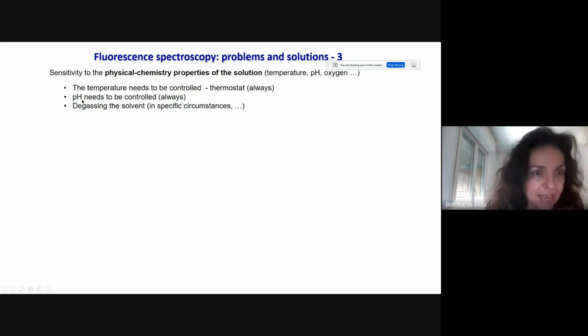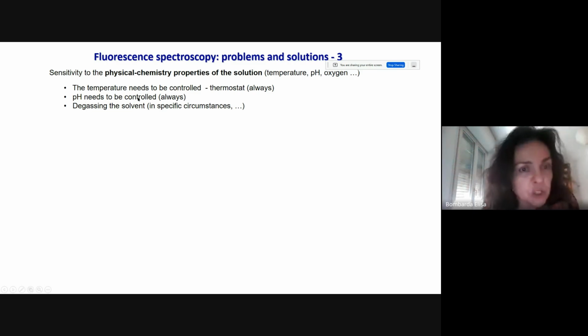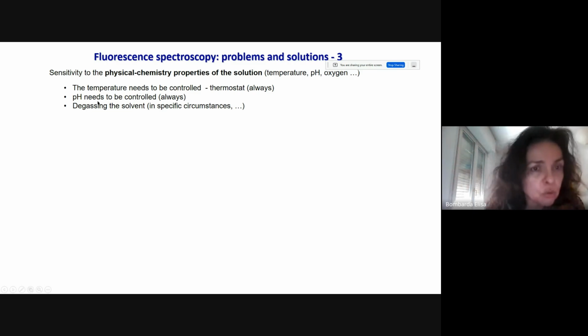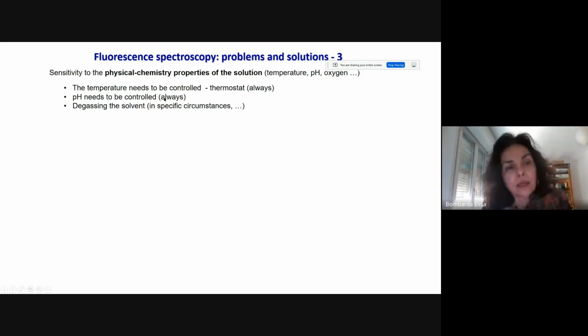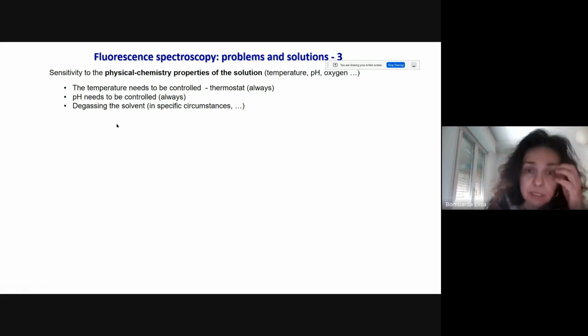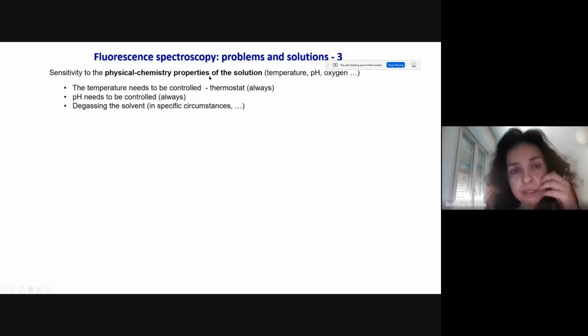But anyway, we have to know at which pH we are measuring. And in specific circumstances, for example with redox-sensitive samples, we also need to degas the solvent to avoid the presence of oxygen.